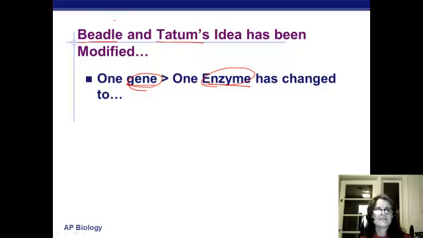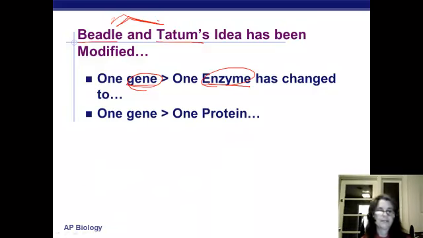So much as Watson and Crick came up with the structure of DNA, these guys were the ones that said, well, this is what DNA does that's really important. It gives the instructions for making our enzymes in our body, without which our bodies couldn't function. That has since been broadened to one gene actually codes for one protein.